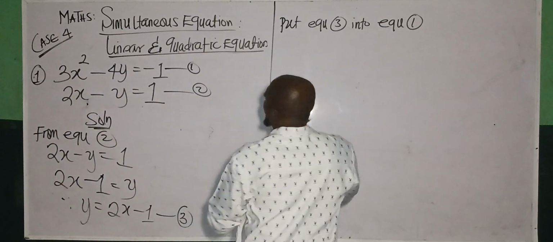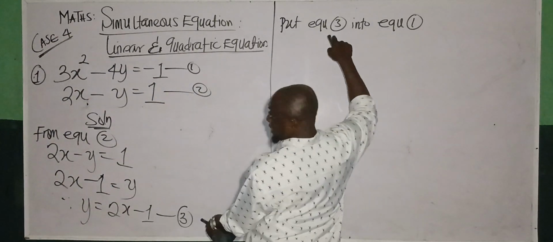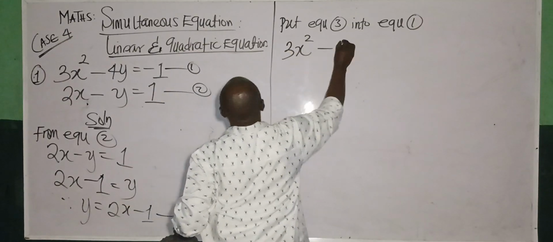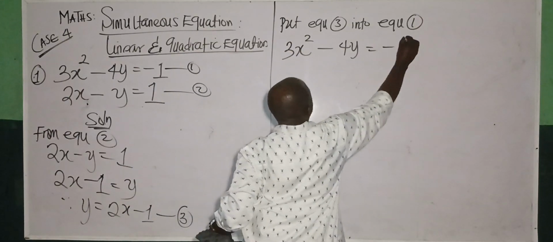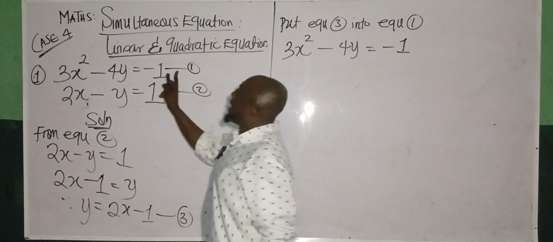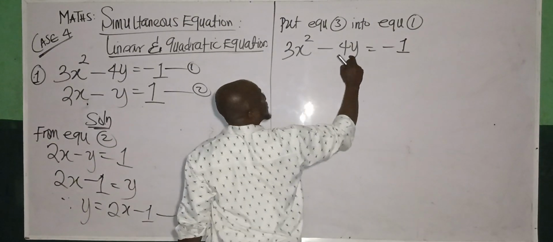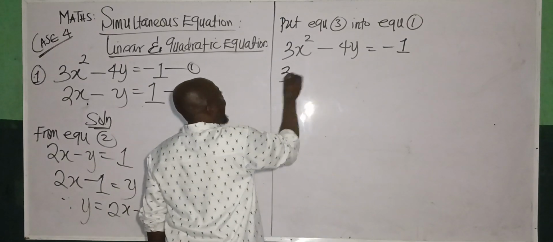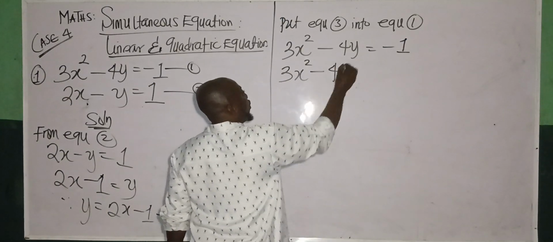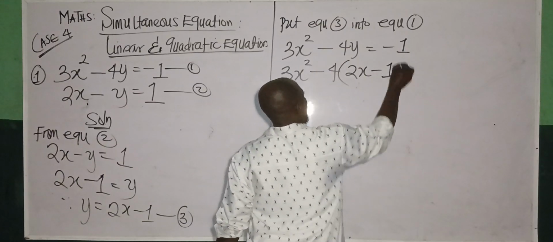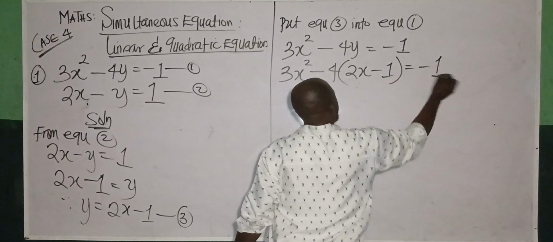I'll copy equation 1 out because I want to put equation 3 into it. Remember we say let y be this. That means anywhere I see y in equation 1, I will put this value there. So I bring 3x squared minus 4, remove this y and put 2x minus 1 there, and everything equals minus 1.